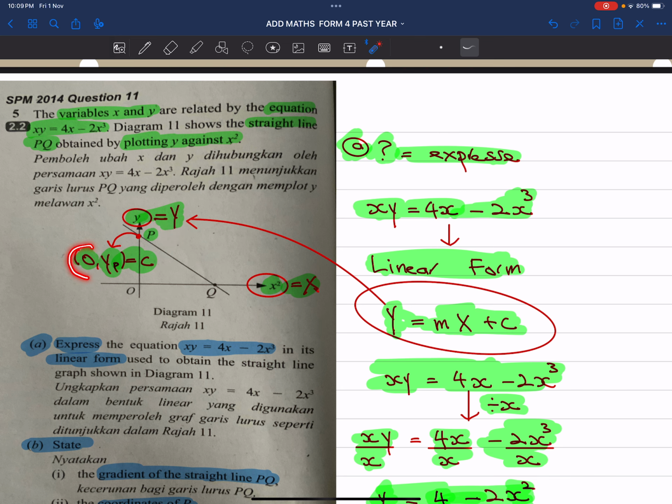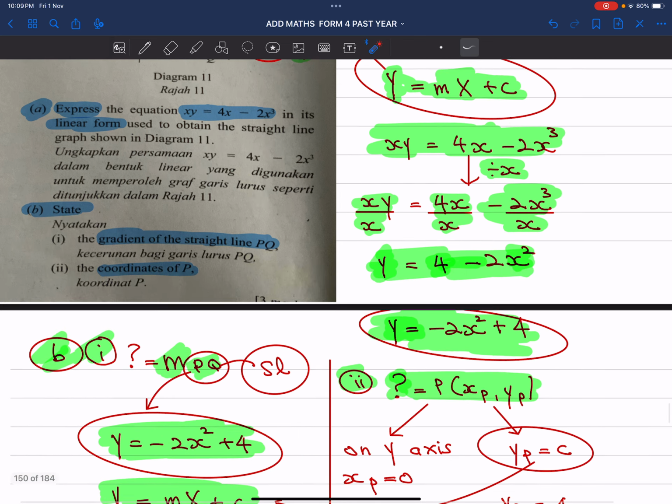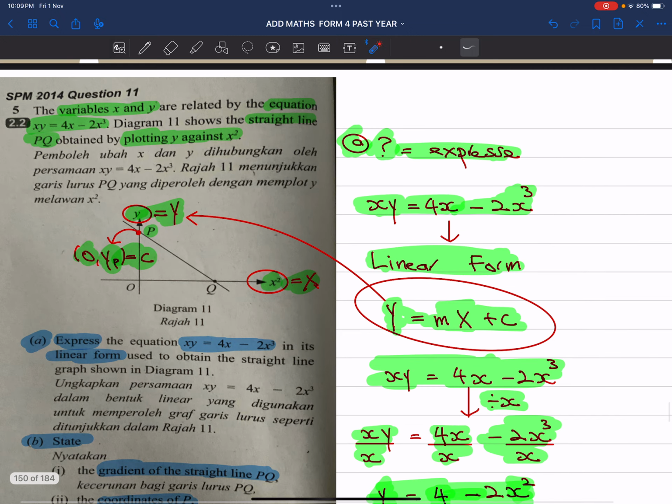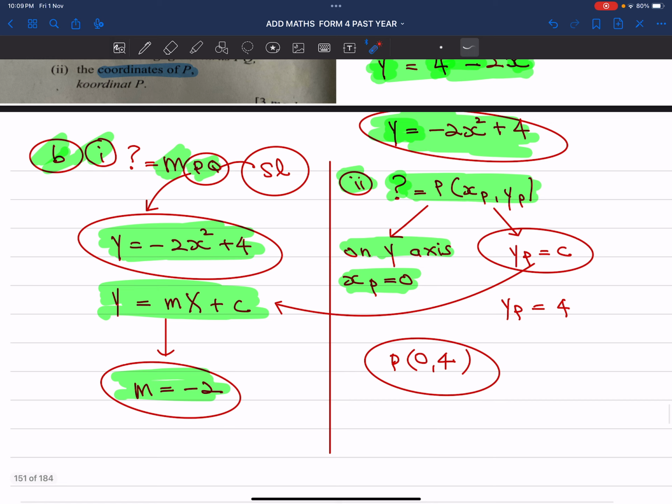Therefore, the x coordinate is 0. We already established that the P is on the y-axis, so xp is 0. For the yp, from the earlier part, the yp is the c.